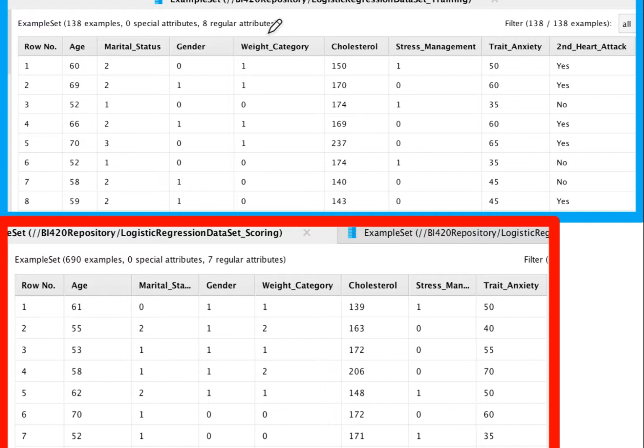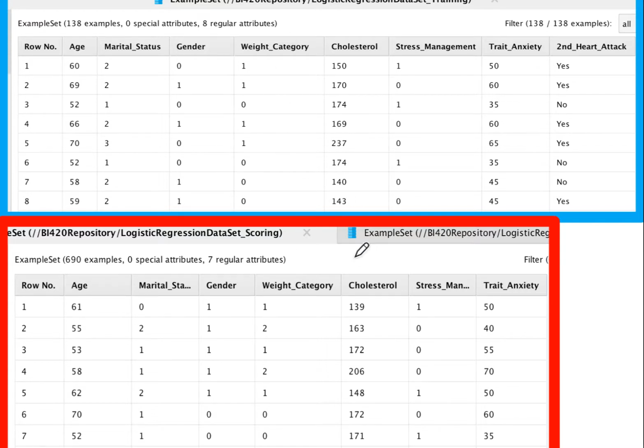You will notice those people who had a heart attack or been diagnosed with cancer, their insurance rate goes up after being diagnosed, because they know that they will have to handle the payment of hospitals if this person gets a second heart attack. So they want to put them under some type of stress management, lowering their cholesterol level, lowering their weight category. So all this is becoming related.